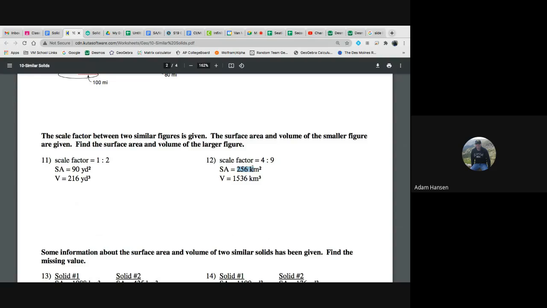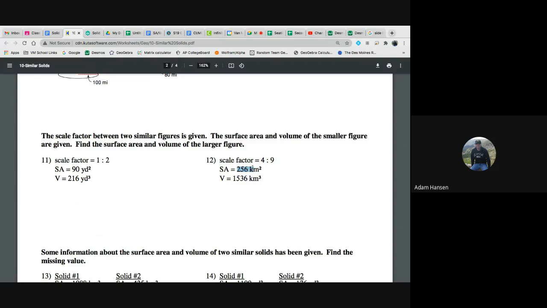First proportion helps us find the surface area. Second proportion is the volume ratio. Go from there. Given the smaller figure's volume, 1536 to x as 64 to 729, the ratio of volumes we made from the scale factor we were given. This is going to get kind of big. 64x for the first cross product.